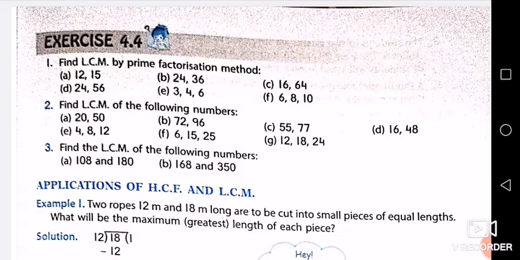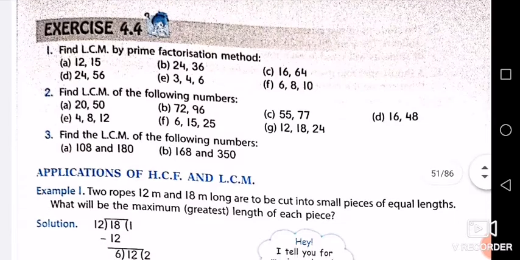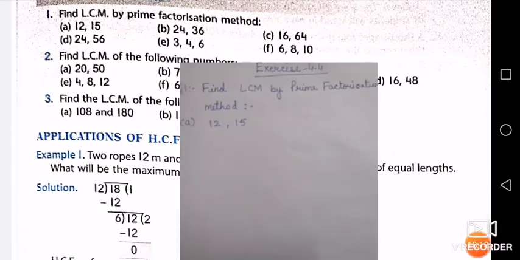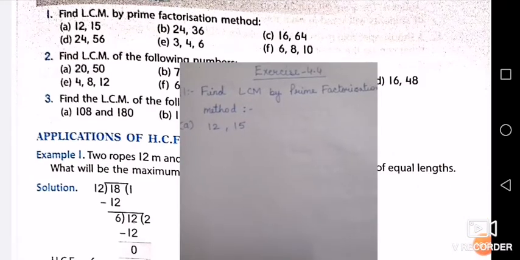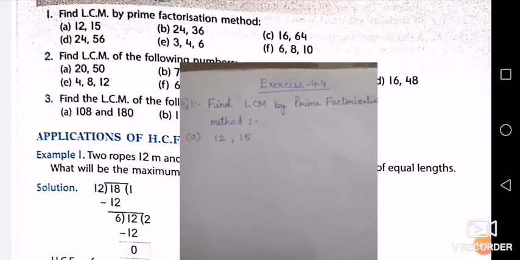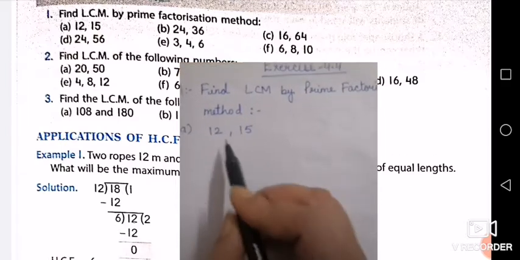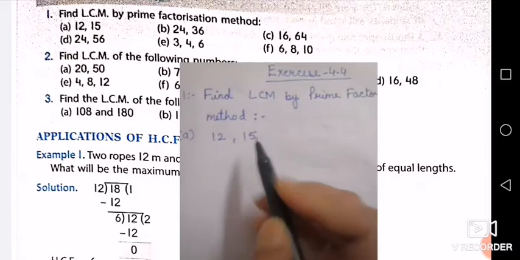How do we find LCM by the prime factorization method? A part is 12 and 15. Our question number 1 of exercise 4.4: find LCM by prime factorization method. A part is 12 and 15.